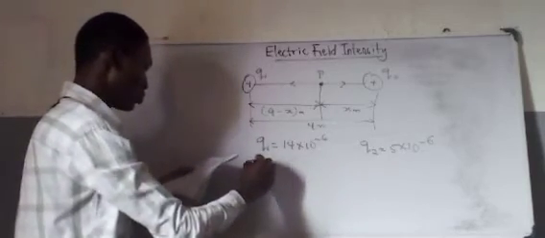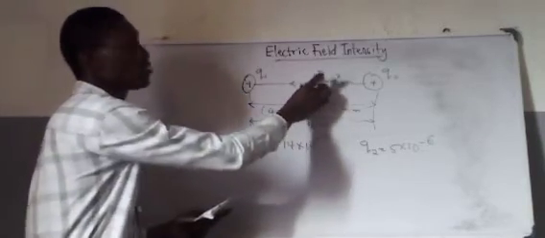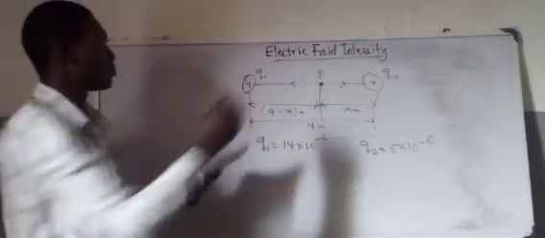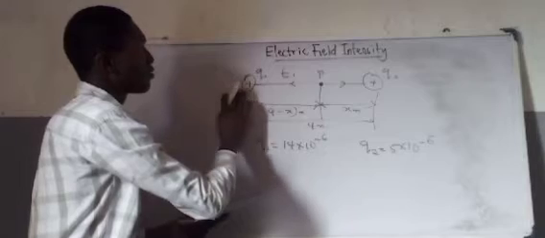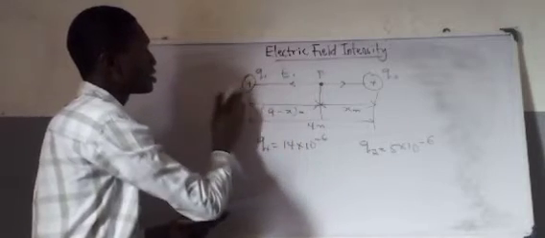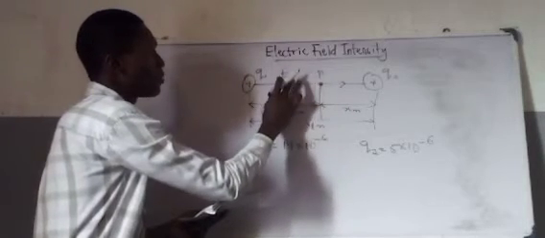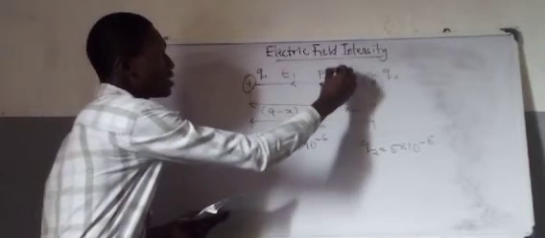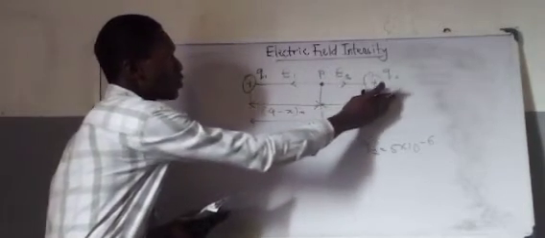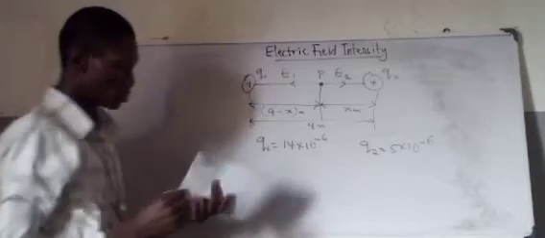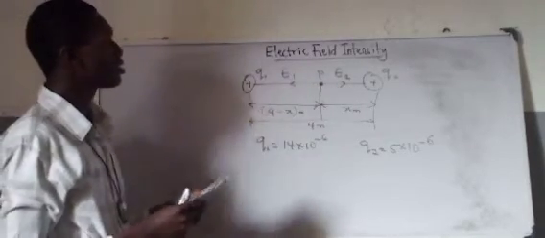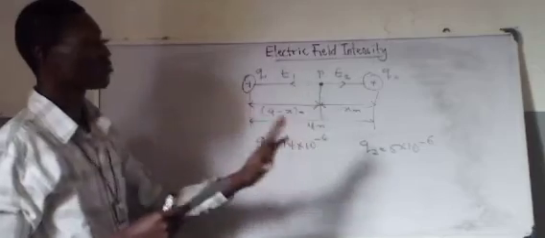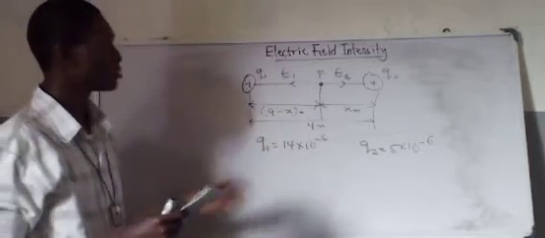So what we do now, at the neutral point, we call this the distance. If we are checking the electric field intensity from Q1 to the neutral point, we label it as E1. And if we are checking the electric field intensity from Q2 to the neutral point, we label it as E2. Now, at the neutral point, the electric field intensity is 0, there is no field there.